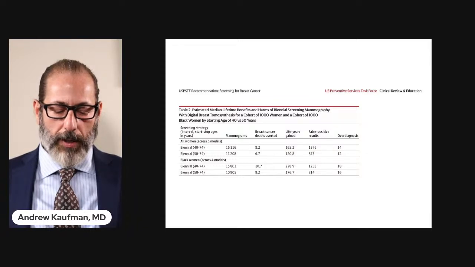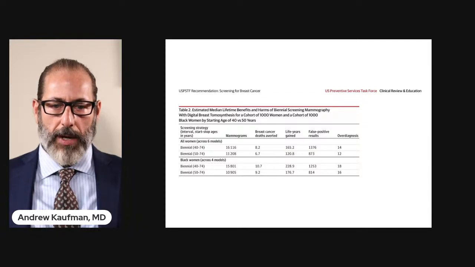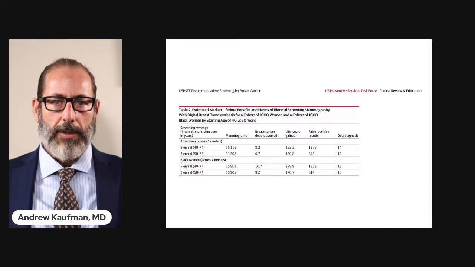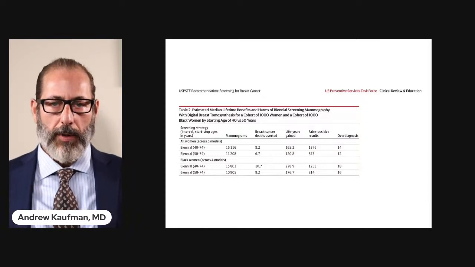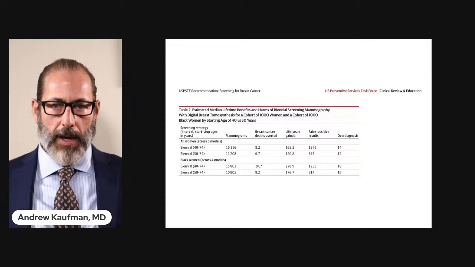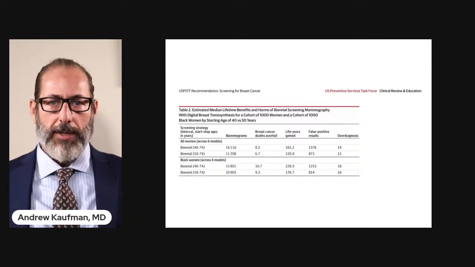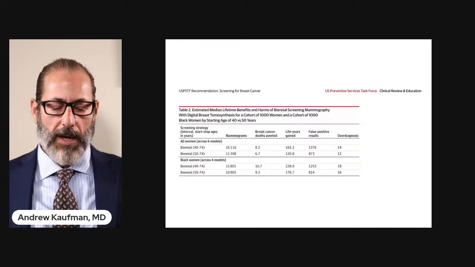Now, if we look at the column all the way to the right of overdiagnosis, we see that the amount of women who were overdiagnosed, which means that they were told they have breast cancer when they didn't, and most likely they received treatment, was roughly almost twice as many as actually were supposedly saved from death, according to this screening.